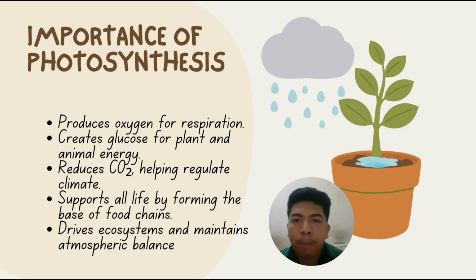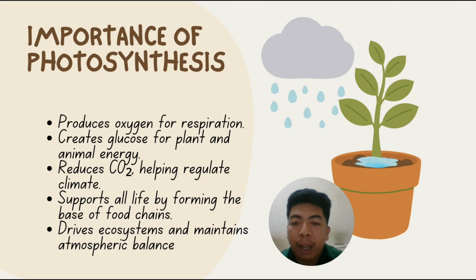Okay, photosynthesis isn't just important for plants. It's absolutely essential for life on Earth. It produces the oxygen we breathe and the glucose that forms the base of nearly all food chains. By absorbing carbon dioxide, photosynthesis also helps regulate our climate and fight global warming.